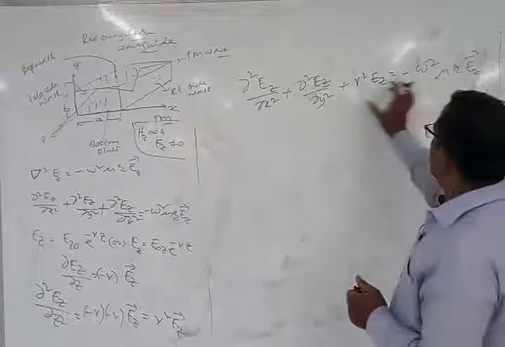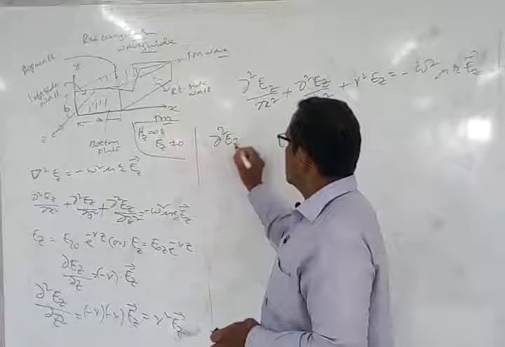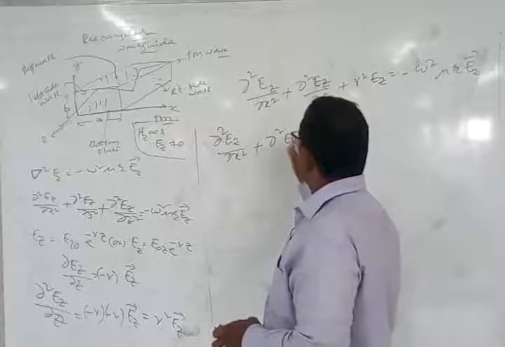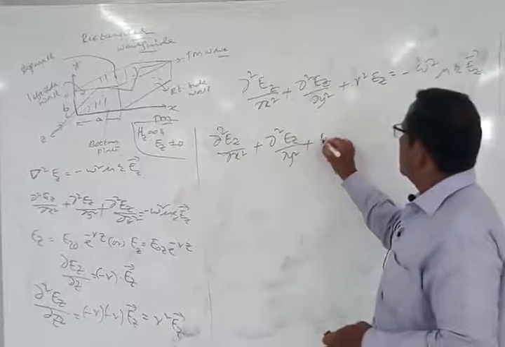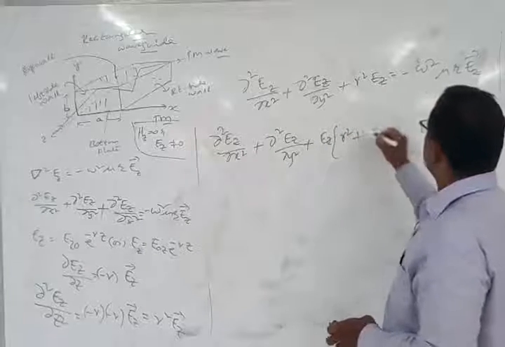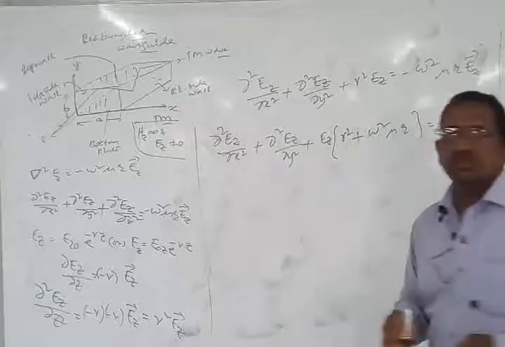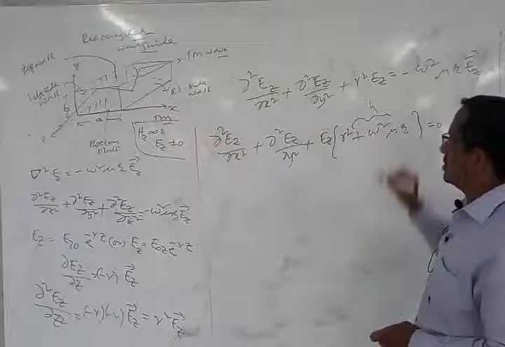Now let us take this onto the left hand side. So I will write the same equation: dou square Ez by dou x square plus dou square Ez by dou y square plus Ez, if I take common, gamma square plus omega square mu epsilon is equal to 0. So this factor can be represented as h square.